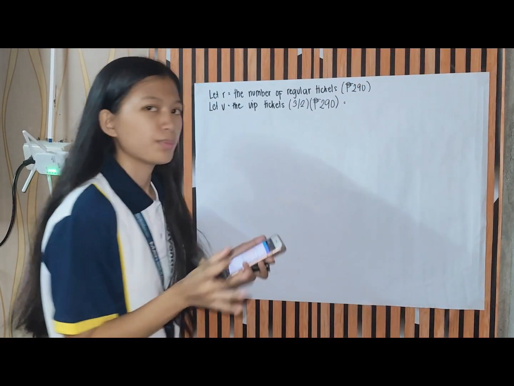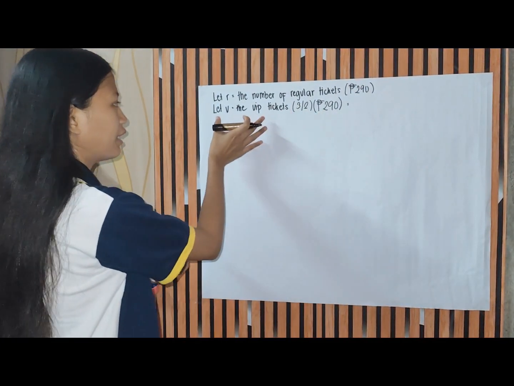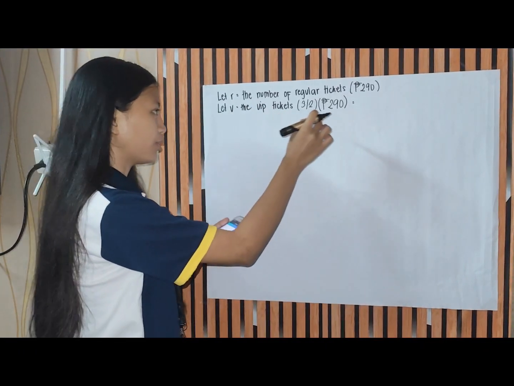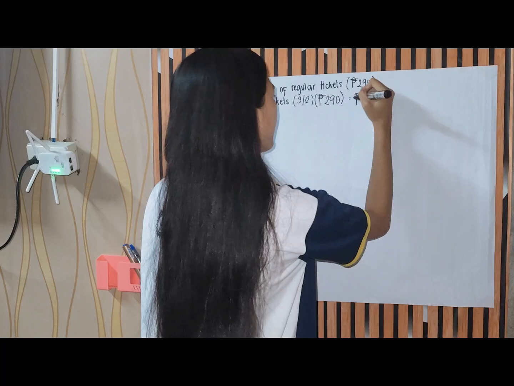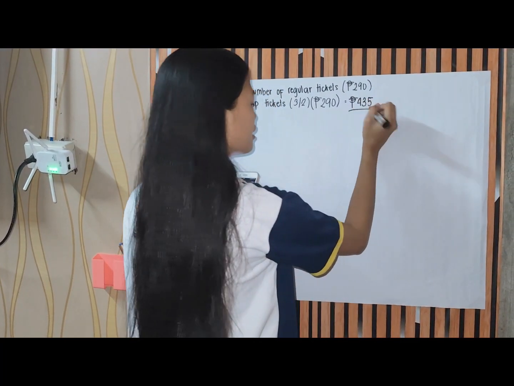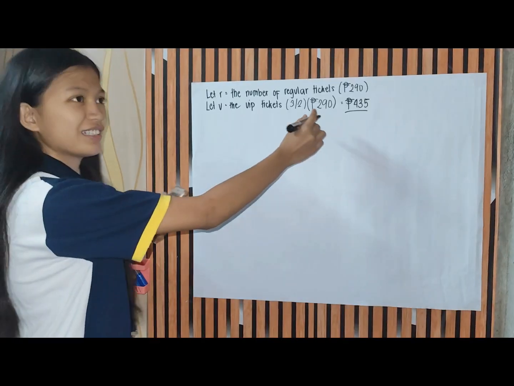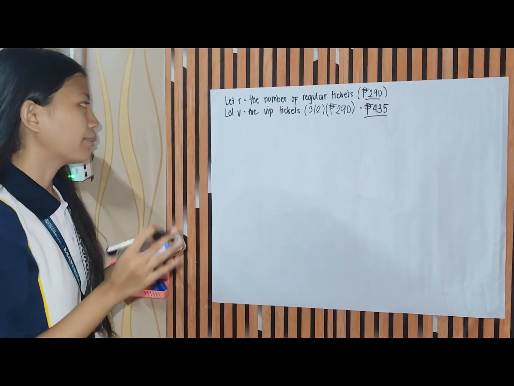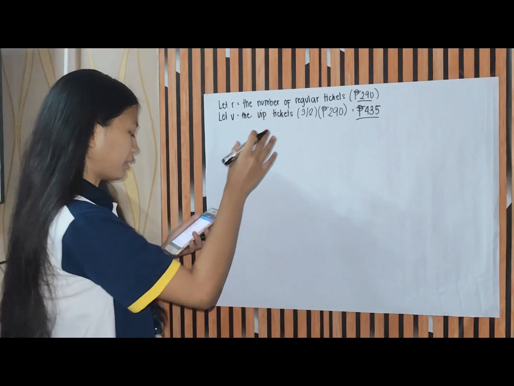So all we need to do is multiply these two to find the cost of the VIP ticket. That will be equal to 435 pesos. So this is the price of our VIP ticket and this is the price of our regular ticket. So we have our variables and we have our given.